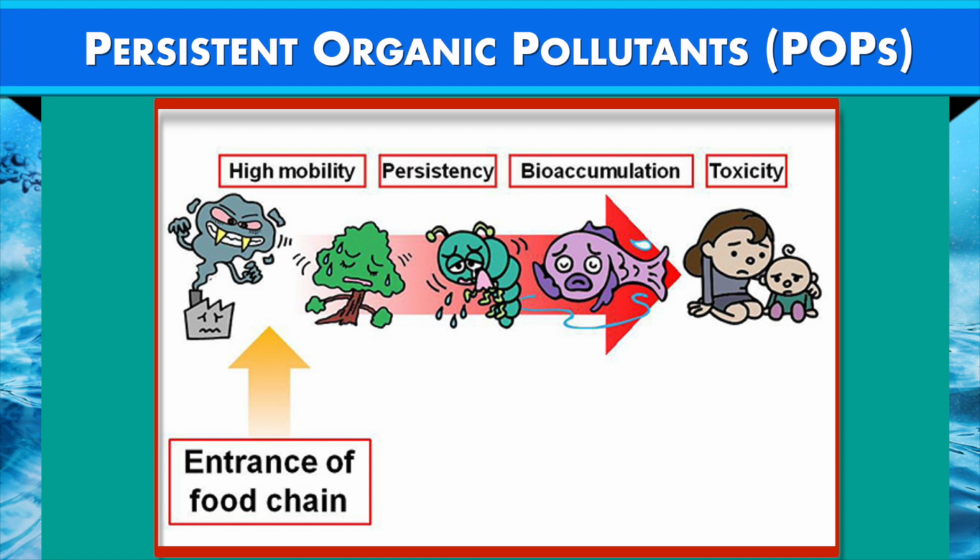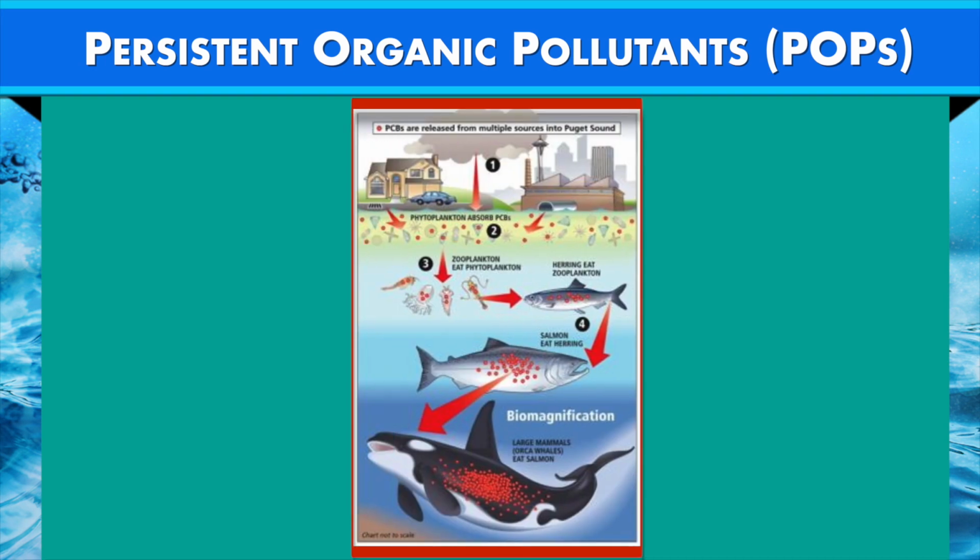POPs are lipophilic, which means they accumulate in the fatty tissue of living organisms as well as human beings. In fatty tissue, the concentrations can become magnified by up to 70,000 times higher than the background levels.